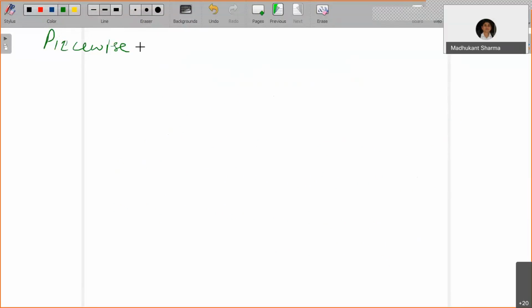Piecewise linear interpolating polynomial.